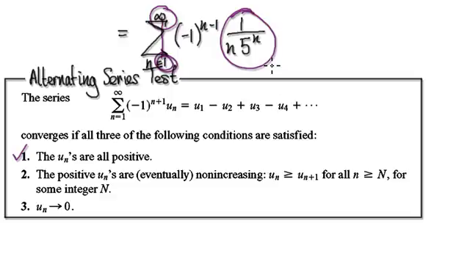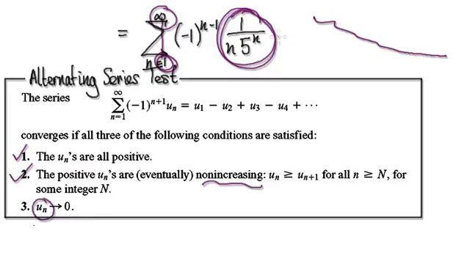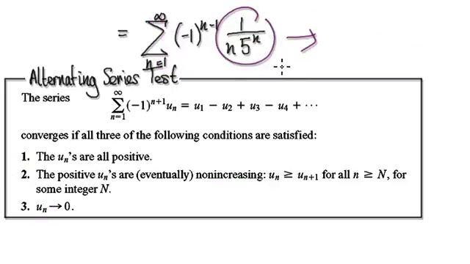And then check that it's non-increasing. Just glancing at this, you can tell it's getting smaller and smaller and smaller. So this has been met. And then make sure the limit is 0. The limit of this is indeed 0 because as n gets bigger and bigger, the denominator will just get bigger and bigger. 1 over the whole thing here will head towards 0. So all three conditions have been met.